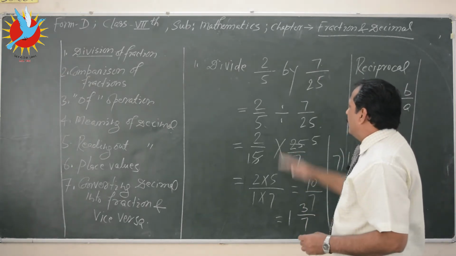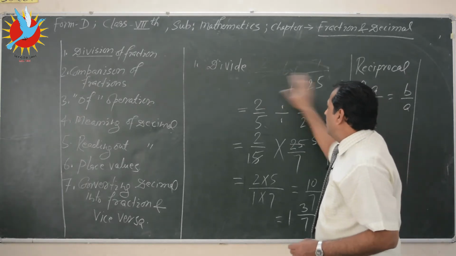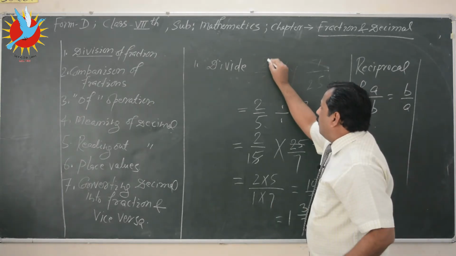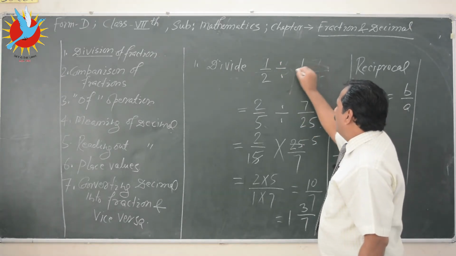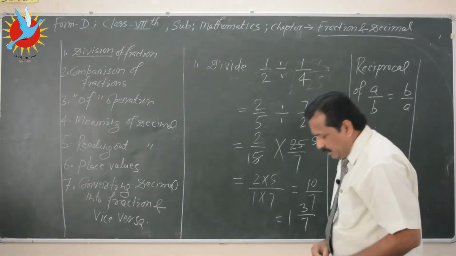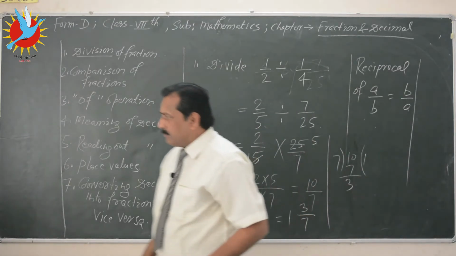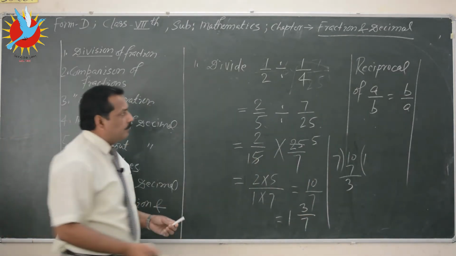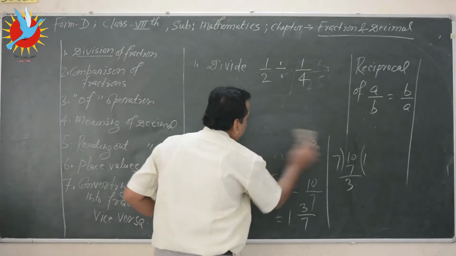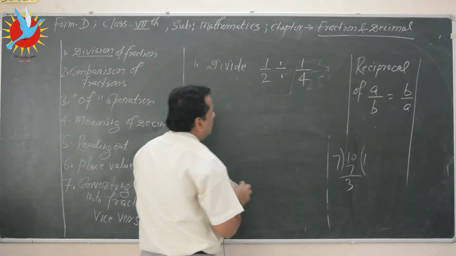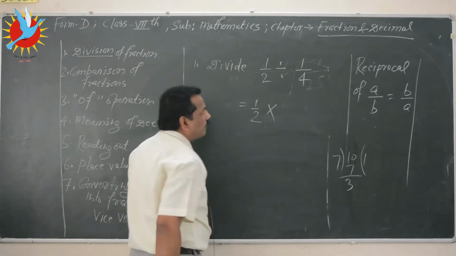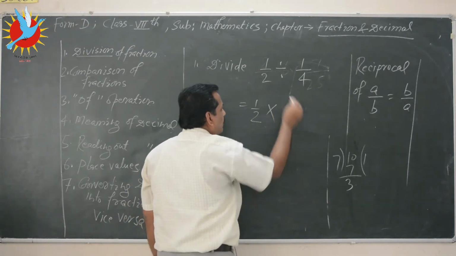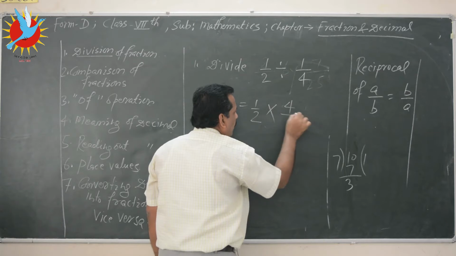Let us take another example. 1 by 2 divided by 1 by 4. So how to do it? Already you are aware that there are two fractions, and simply convert this division into multiplication. 1 by 2 multiplied by the reciprocal of 1 by 4, which is 4 by 1.